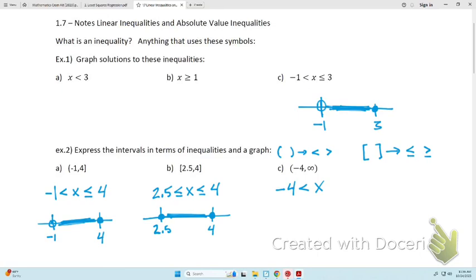If you write this, that's a little bit redundant, not necessary to write that. I would just write that right there, because to graph it, you just need 1 dash. Make a circle and shade to the right.